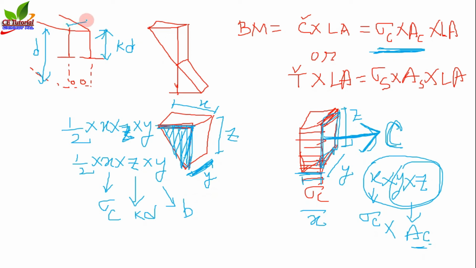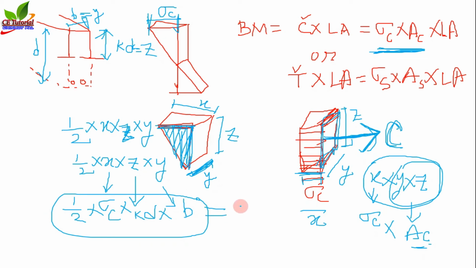The maximum stress value is sigma C. So half multiplied by sigma C multiplied by kd multiplied by b gives the total compression.